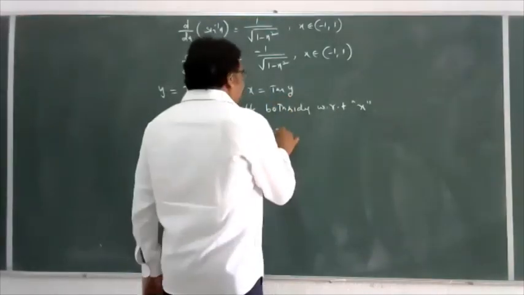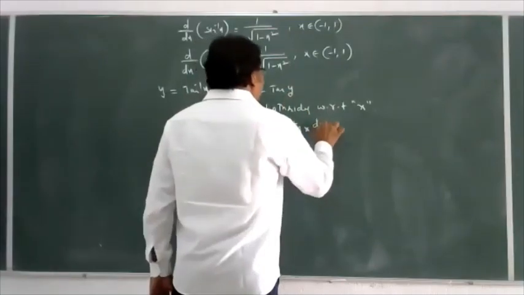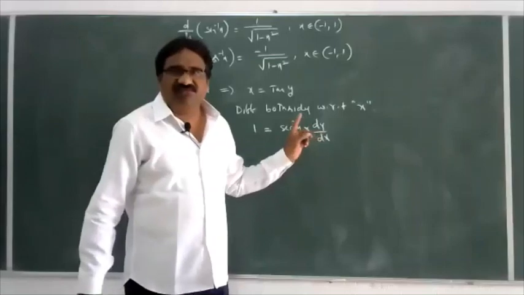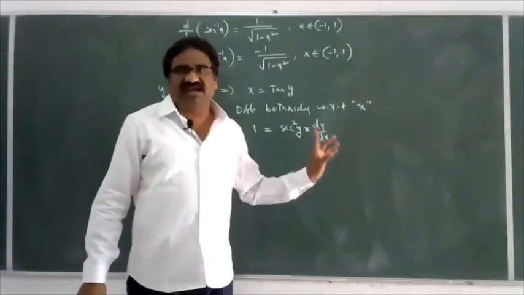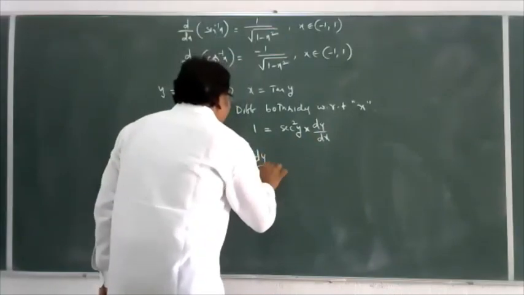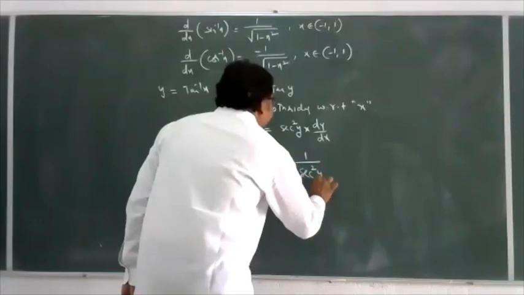The derivative of tan y is secant square y into the derivative of y, by using the function of a function rule, or chain rule. The derivative of y with respect to x is dy by dx. So you get dy by dx is equal to 1 by secant square y.